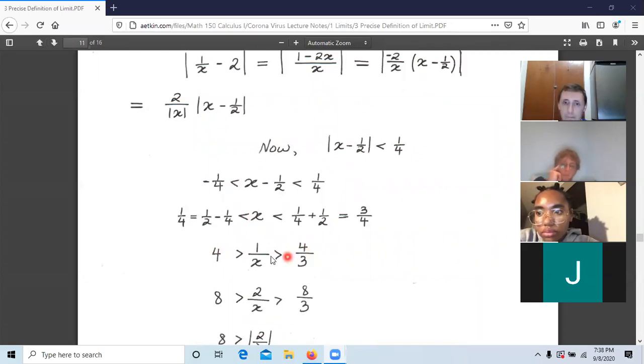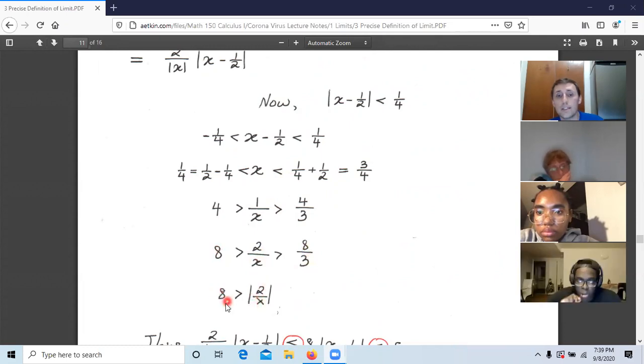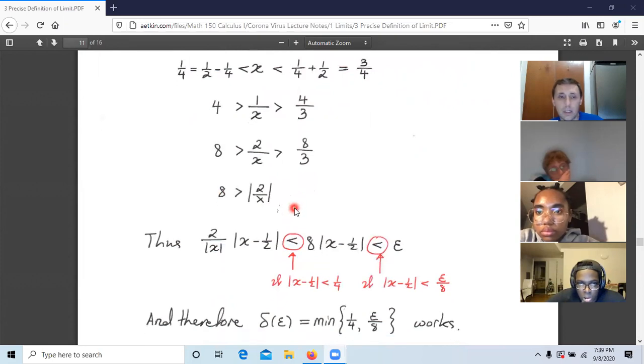Good? I don't even need 1 over x, I need 2 over absolute value of x. I'm manufacturing bounds for this expression, which I don't like. So then I multiply by 2. 2 over x is between 8 and 8 over 3, which means the absolute value of 2 over x is smaller than 8. Okay, and so now I can carry out the estimation.